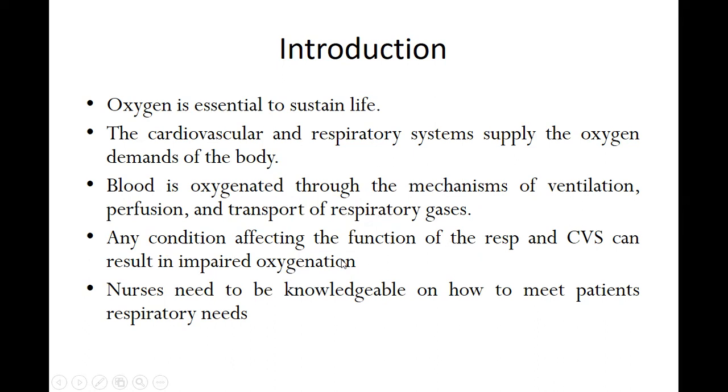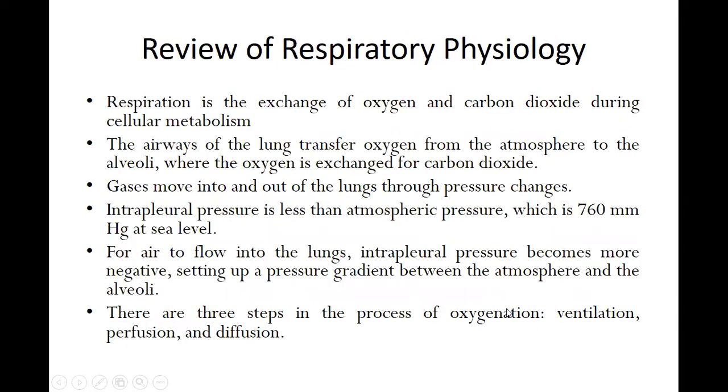And any condition that affects the respiratory system as well as the cardiovascular system, which transports these gases, will result in impaired oxygenation. So as nurses, we need to be knowledgeable on how to meet patients' respiratory needs.